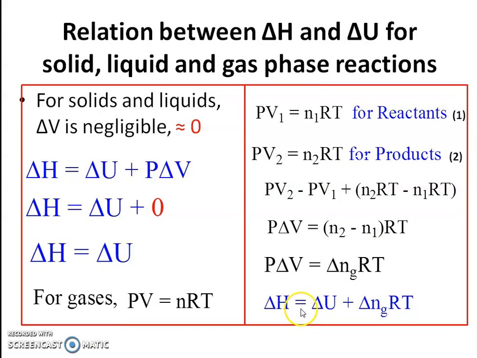Delta H is equal to delta U plus delta nRT. So again, delta H is the change in enthalpy. Delta U means change in internal energy. Delta n, this term is very important. It is the difference between the number of moles of gaseous products and gaseous reactants. R is the universal gas constant and T is the temperature.